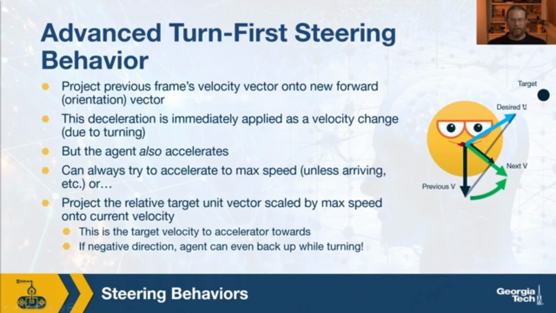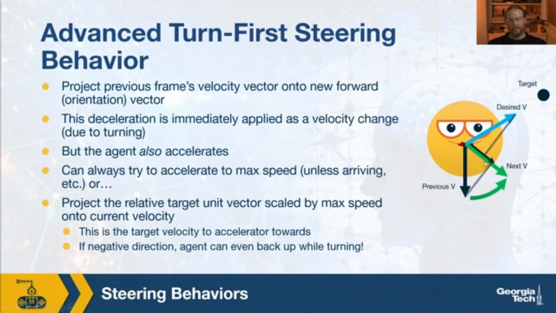That's where we ultimately want the agent to face. So I'm saying that the previous frame was facing down on the screen, and in the new frame, we're now facing a little bit turned to the agent's left or our right. So we can project that previous velocity onto the unit vector of the new forward direction.